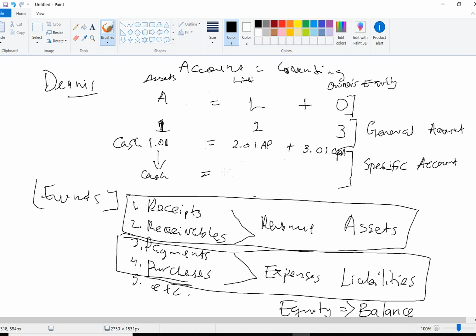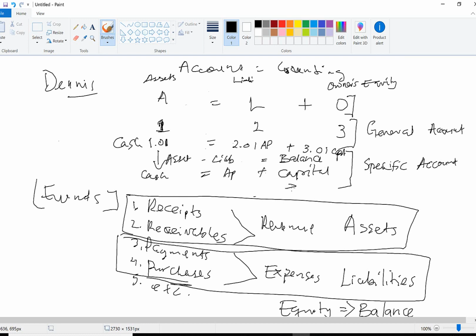It's equal to account payable plus capital, which is equal to assets minus liability is equal to your balance.